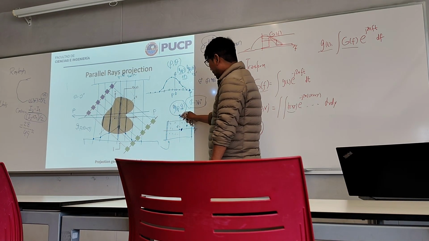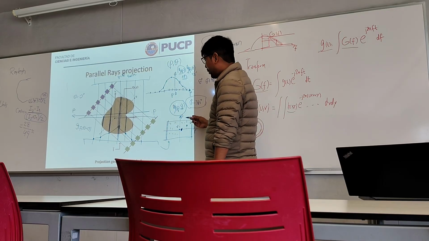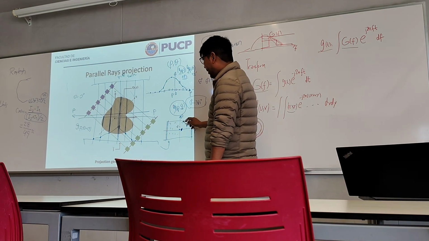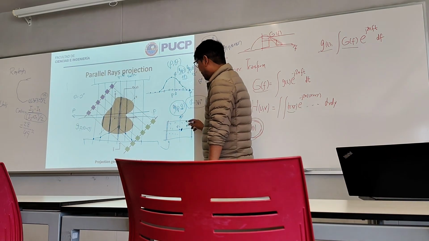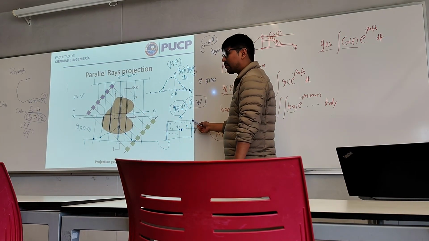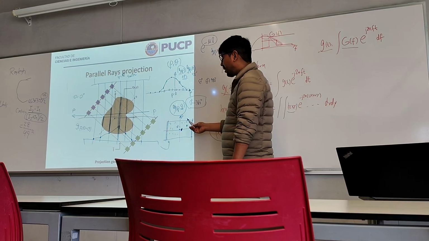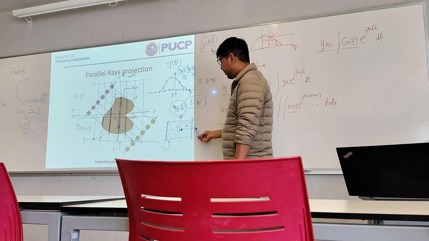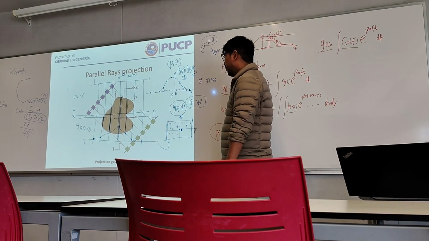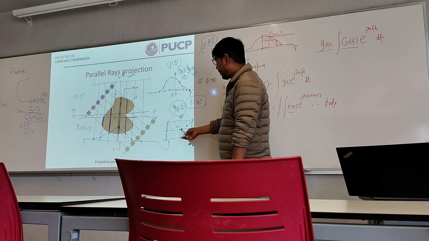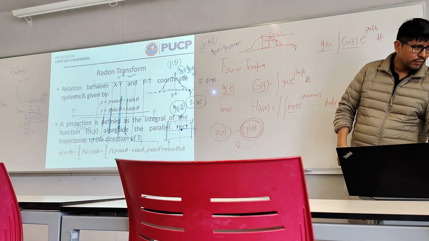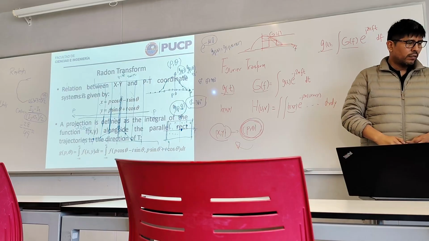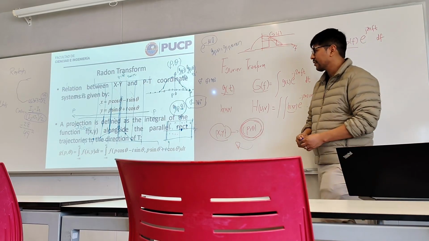We will see one or two examples of how the Radon transform looks, and it looks very ugly. It looks nothing like the object. It's very difficult to interpret the Radon transform image in terms of P and theta. But even if it's difficult to interpret, we will see that it's possible to recover the image.